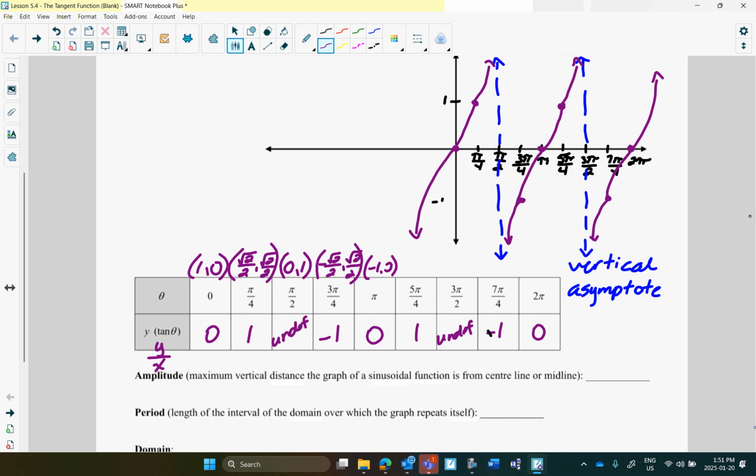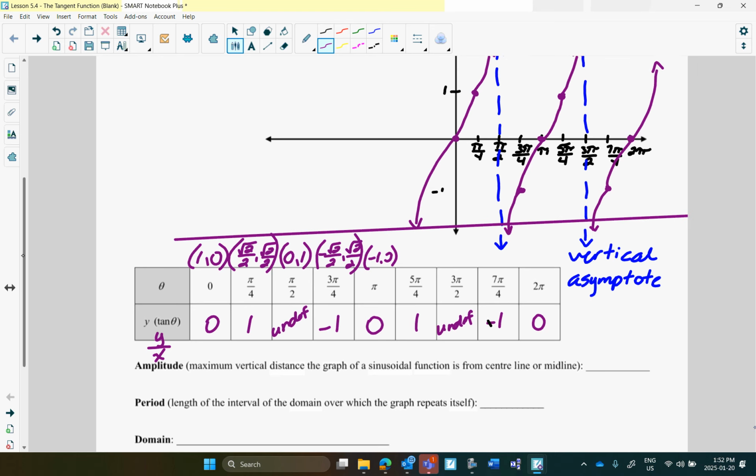So you can see it's periodic. It takes this shape. And then it hits an asymptote, so it's got to jump over it and start its shape again. So it looks a little bit different.